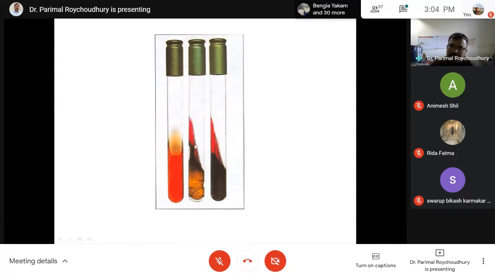If the slope is red, this indicates that the bacteria cannot ferment lactose, but they can ferment sucrose and glucose, and the butt is yellow. Formation of black color indicates that the organism is also positive for H2S production.